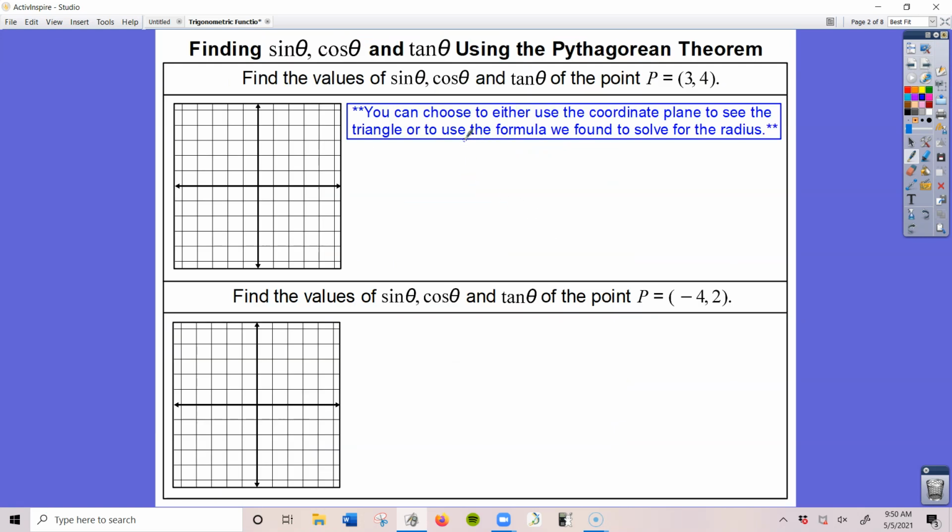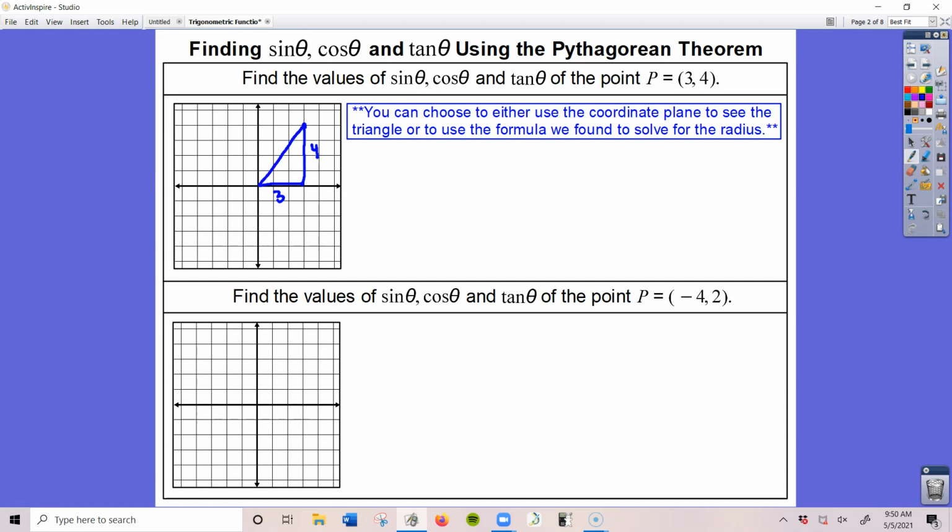We have a couple options on how you can figure out all of these values. We have the point which is at 3, 4. I've given you a grid here in case you wanted to draw out the triangle. That means the x value is 3 and the y value is 4, the horizontal and the vertical distance.